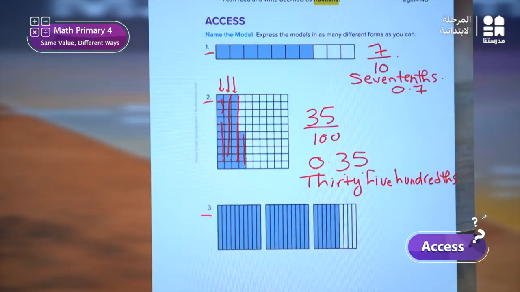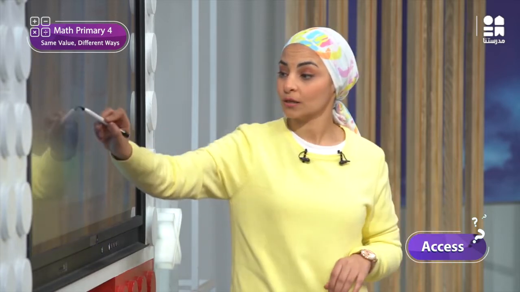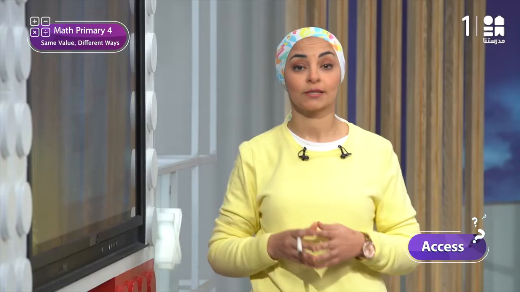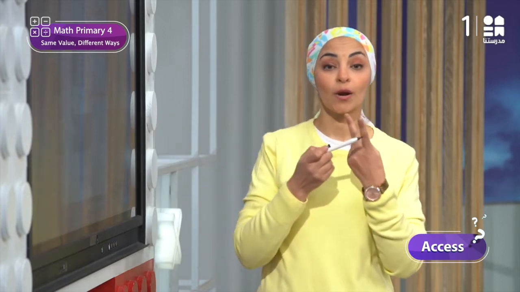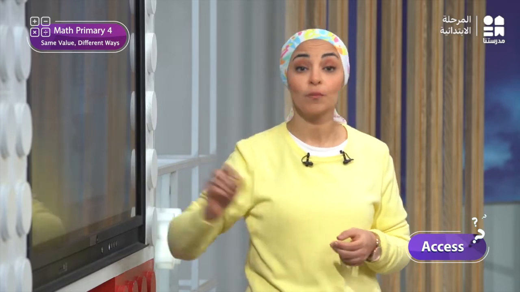Here's the third problem. Here I have what? Can you see? Yes, I have 3 squares, each of them divided into 10 parts. 1, 2, 3, right? كل واحد فيهم divided into 10 squares. Sorry, 10 parts. طيب, 2 squares are completely shaded. زي ما احنا شايفين كده 2 squares دول كلهم shaded.